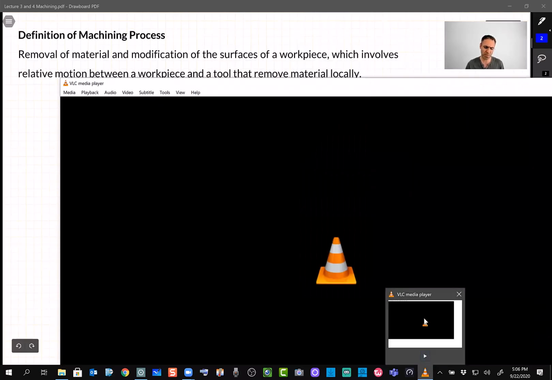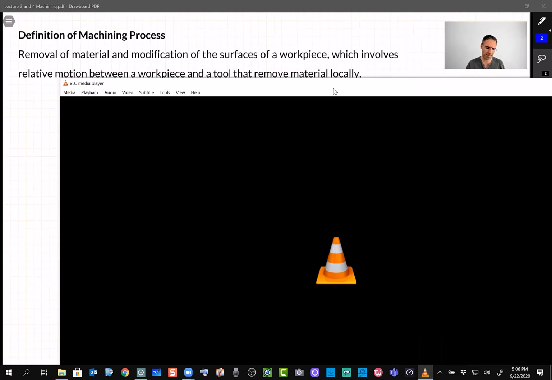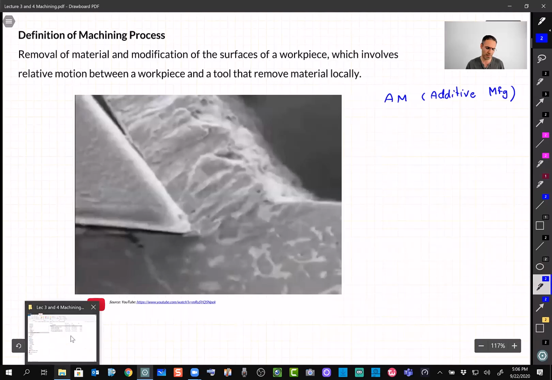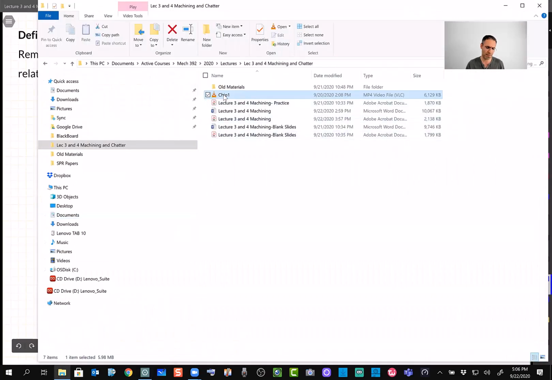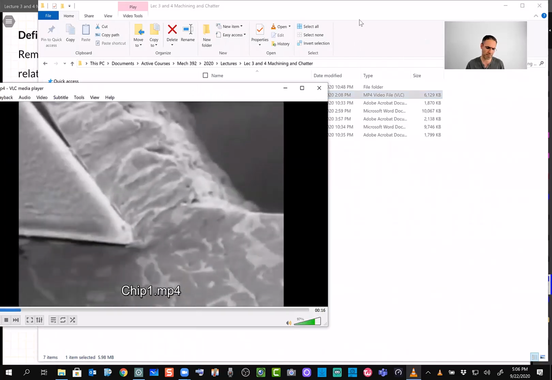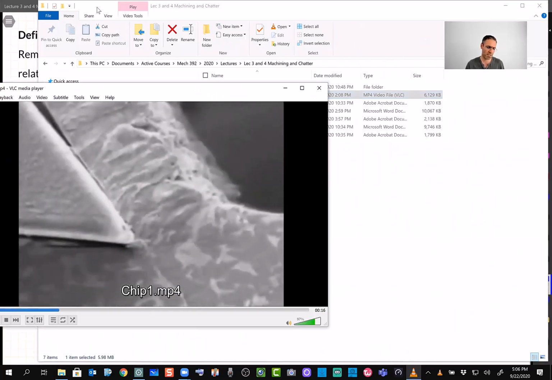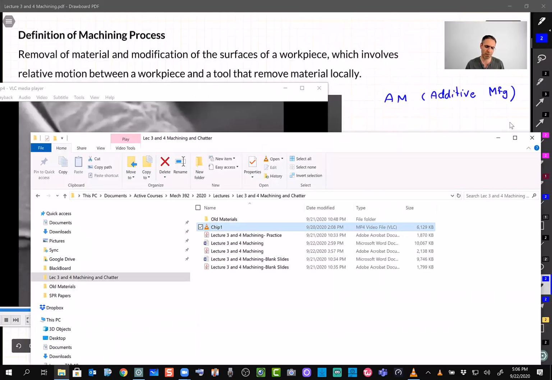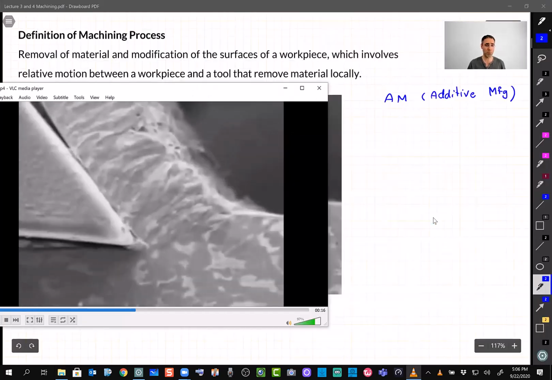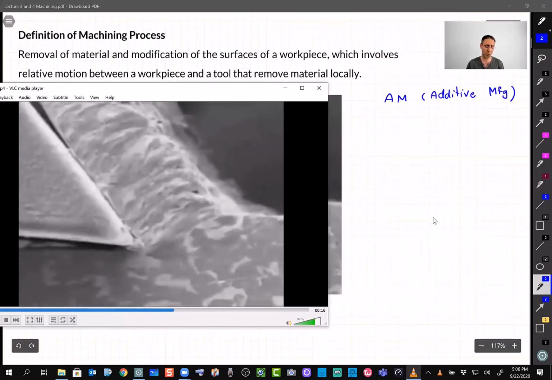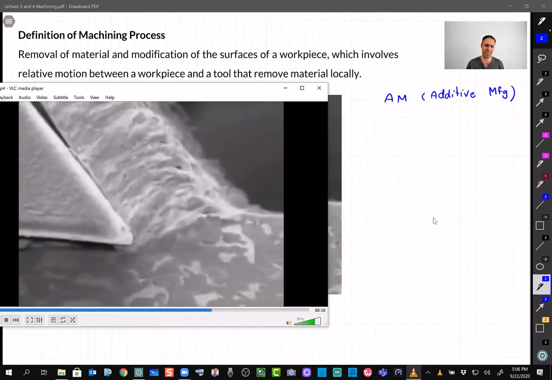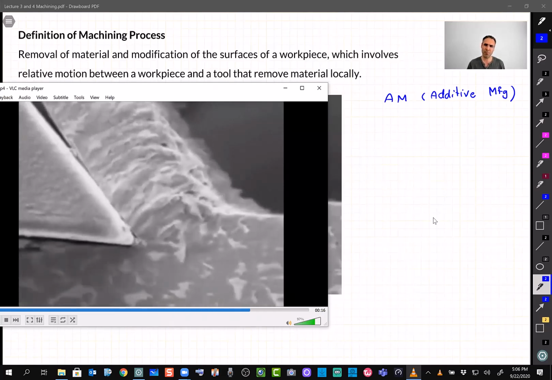Let me try to play it again. So the workpiece or the tool, one of these, there is a relative motion between these two, and you can see the material being removed.